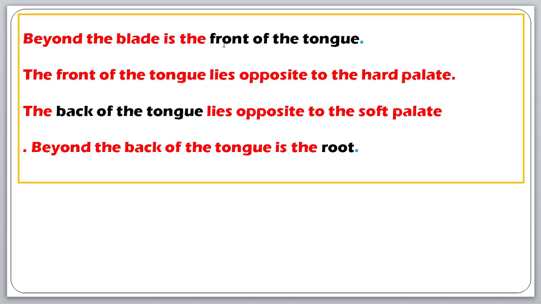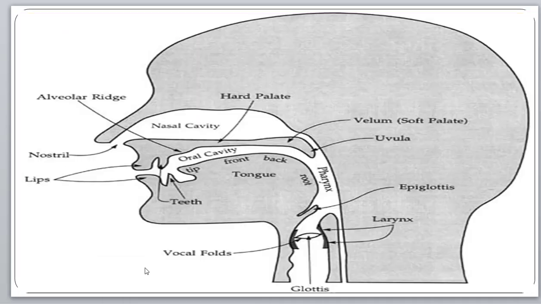Beyond the blade is the front part of the tongue. The front part of the tongue lies opposite to the hard palate. What is the hard palate here? Below the hard palate in the oral cavity there is the front part of the tongue. Here is the tip, front and back, and the root part of the tongue.